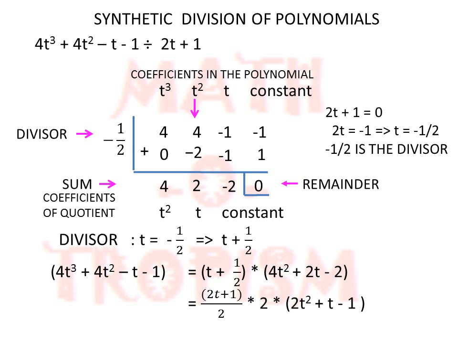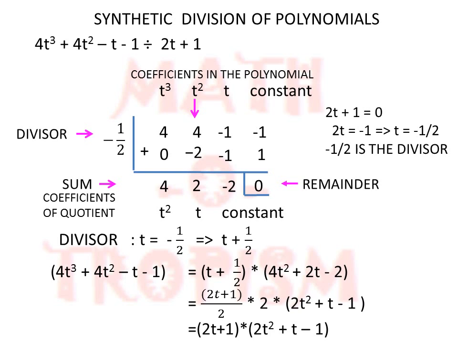Now for t plus 1 by 2, when I take the LCM, it will come to 2t plus 1 by 2, and I am taking the 2 common outside from the quotient terms, so that will come to 2 into 2t square plus t minus 1. This is just to cancel out both the 2's. So it will come to 2t plus 1 into 2t square plus t minus 1.